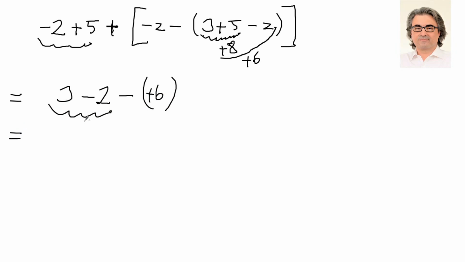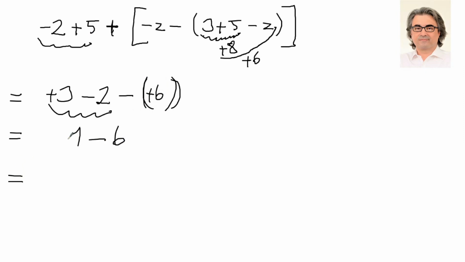The operation between plus 3 and minus 2 is plus 1, and I have parenthesis having minus sign in front of it, so change the sign of plus 6 as minus 6.